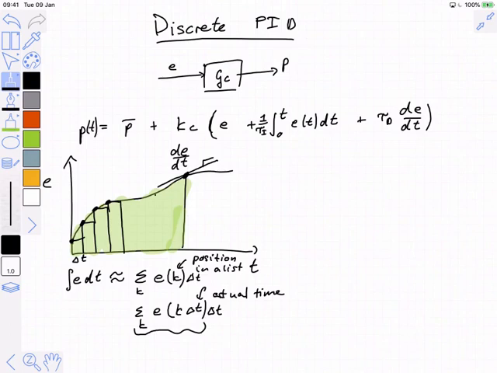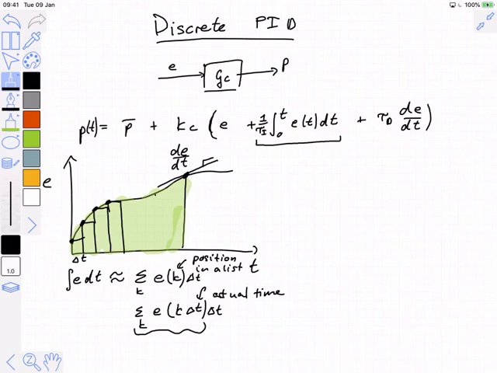It's more likely that the box will be calculating an error, updating a running total, and just working with that running total in the implementation. So that's the first challenge that we have, to approximate the integral.